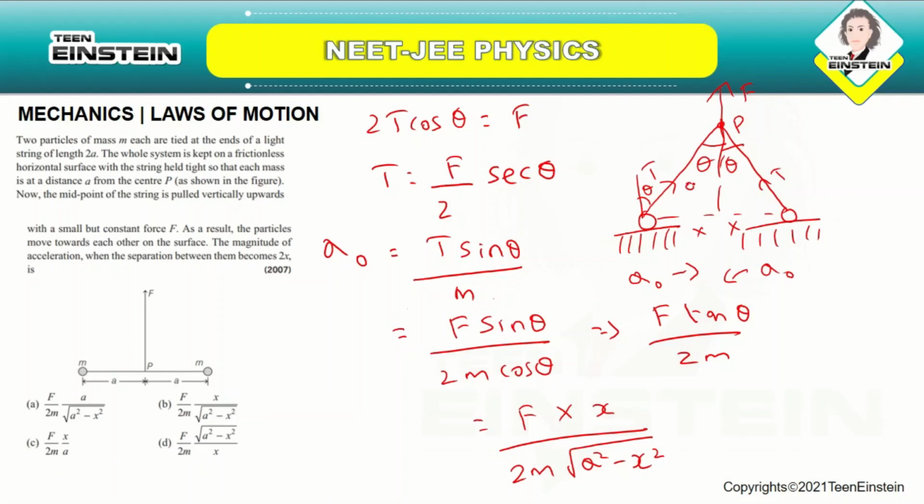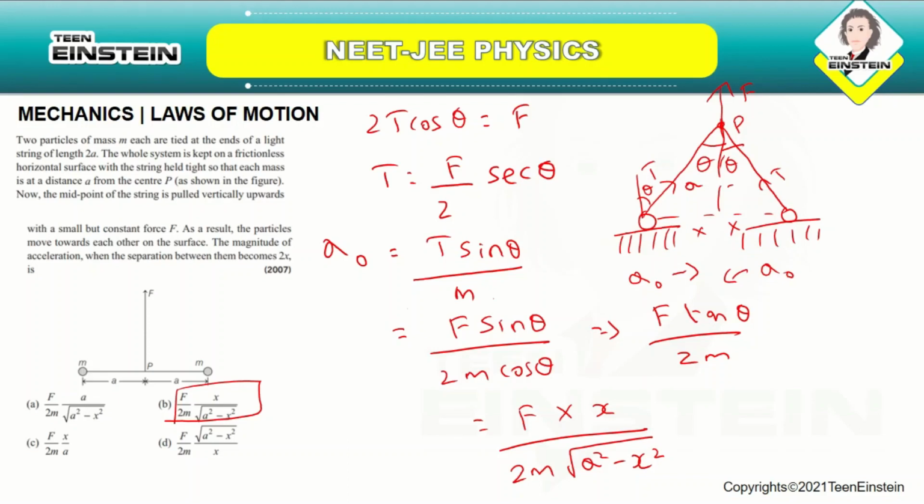Because this is a and this is x, this side will be root of a square minus x square, so tan theta will be equal to x by root of a square minus x square. That's what we are substituting. So the correct answer is option number B, F by 2m into x divided by root of a square minus x square.